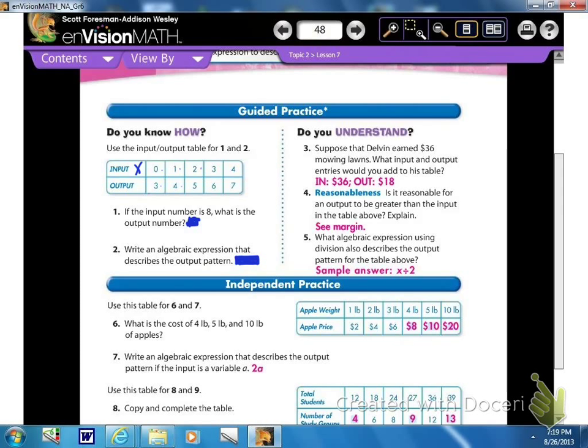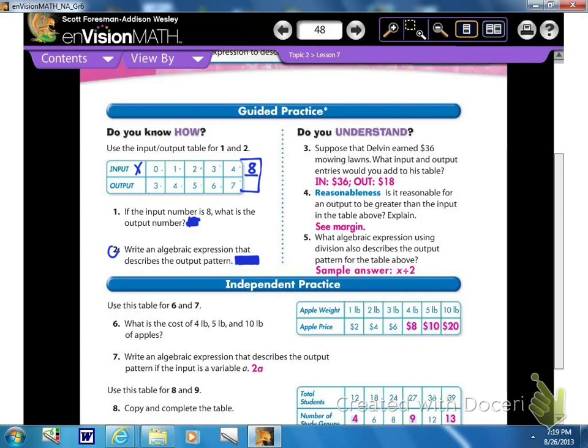What am I doing to 2 to get 5, 3 to get 6, 4 to get 7? And remember, it has to work for every input and output, or it won't be the right expression. So if the input number is 8, let's say we continue this, what is the output number going to be? Well, what are we doing to each input number, or what are we doing to X?